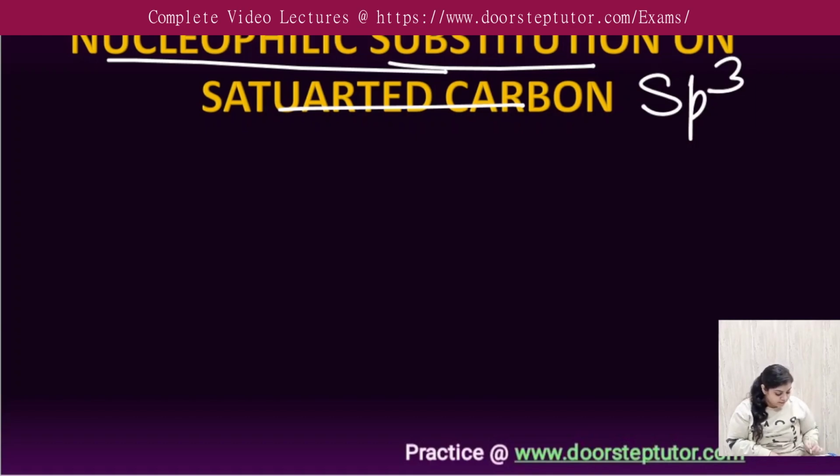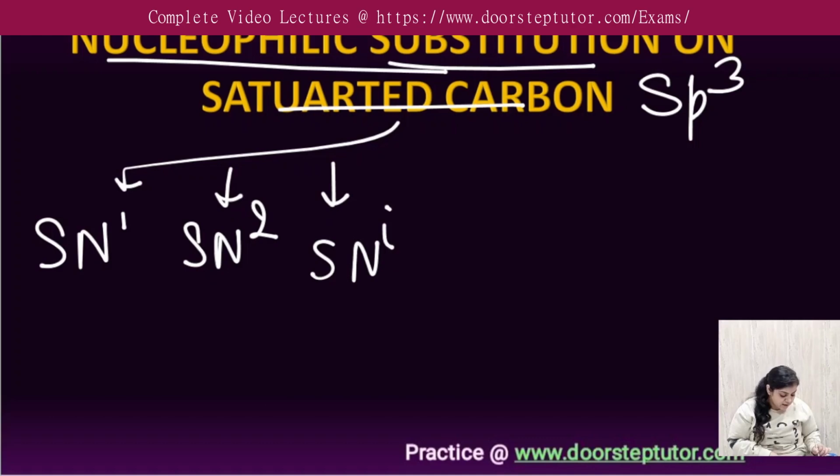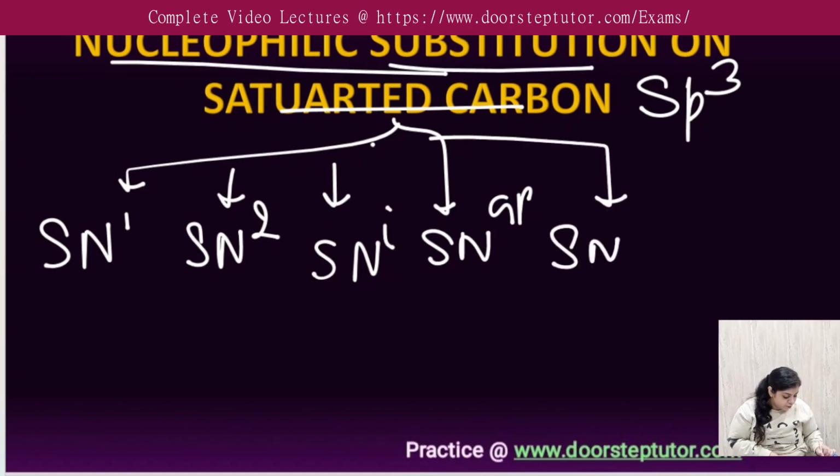So in this nucleophilic substitution we have various categories of reactions that we have to see, which can be broadly categorized as SN1 reactions. We will be seeing SN2, and we have SNi reactions, and we have SN1' as well, and along with this we have SN2', which is called SN2 prime.